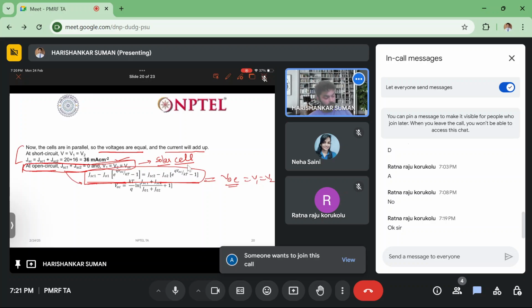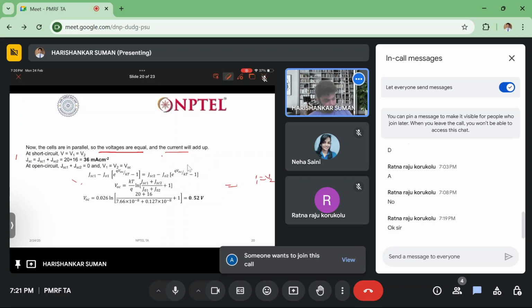After applying, you will get the expression for VOC: kT by q ln of the sum of JSC currents with respect to the J naught for first and second, plus 1.